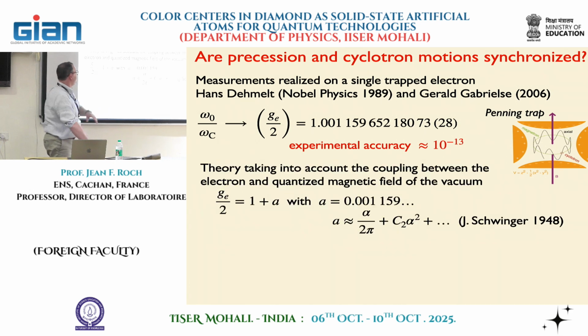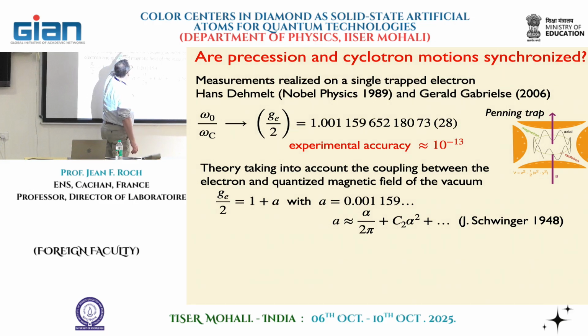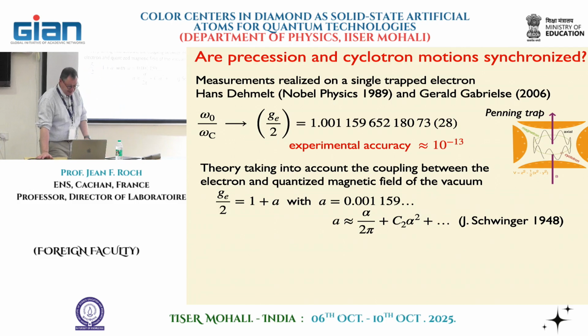And to understand the difference here, you see that it is 1.00116, something like that. This was actually explained just after the Second World War by quantum electrodynamics calculations by three people, Schwinger, Tomonaga, and Feynman.